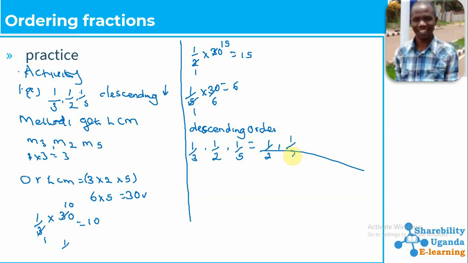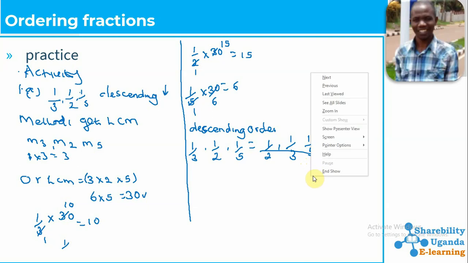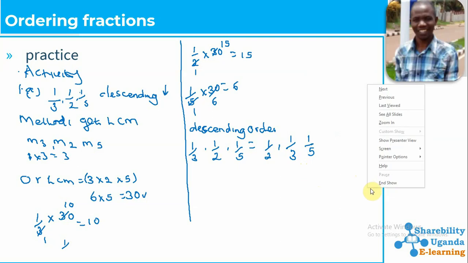Then 1 out of 3, then 1 out of 5. So now you can see we have been able to get our biggest number, which is 1 out of 2, which is a half, then 1 out of 3, then 1 out of 5.